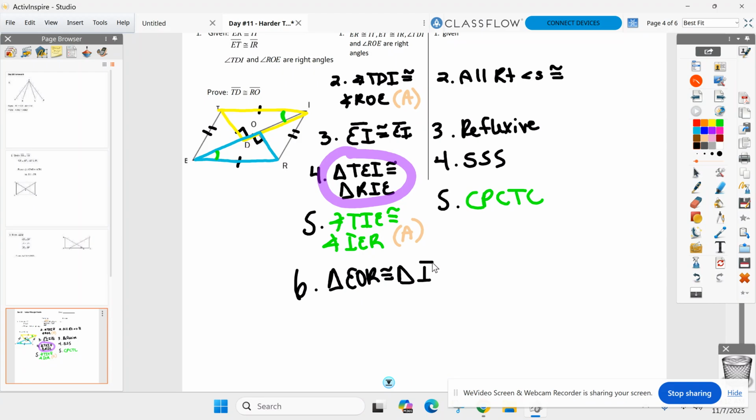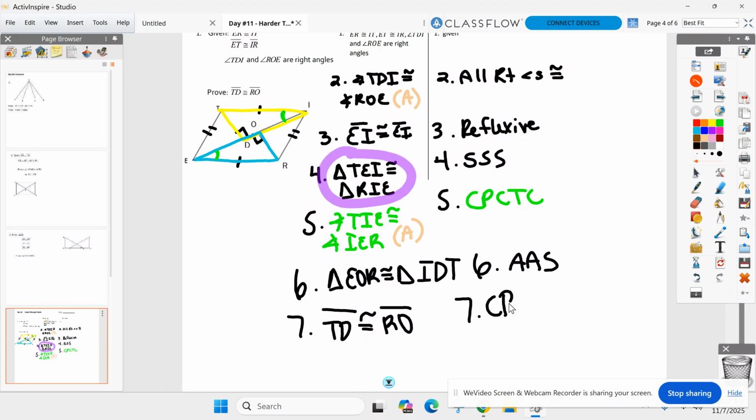So it's got to go I, D, T. Yep. What's the method? Angle, side. And we said we needed the triangles congruent so we could get those sides congruent by CPCTC.